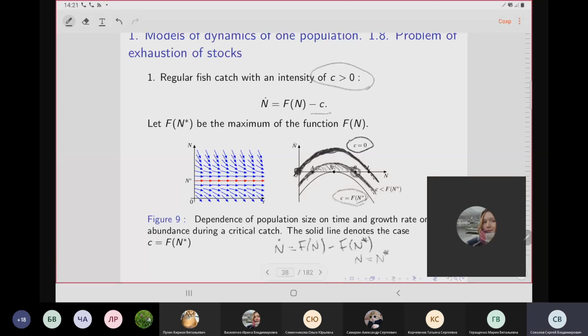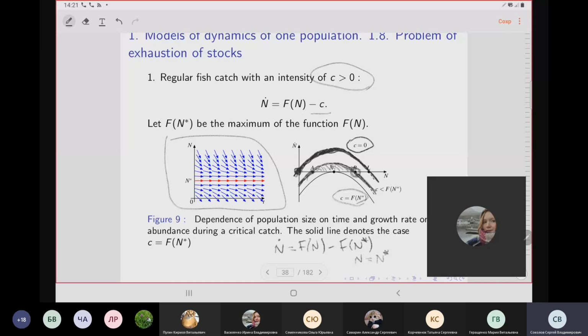So if the number of fish equals n star, then the population survives. And in all other situations, the population will die. This is the picture of this critical situation when C is f of n star.